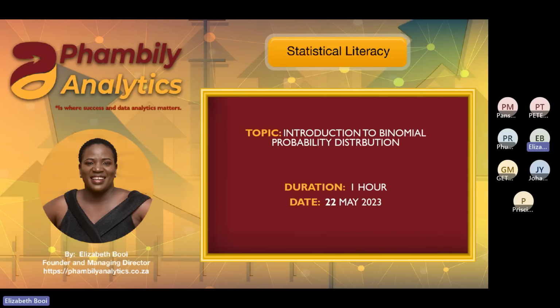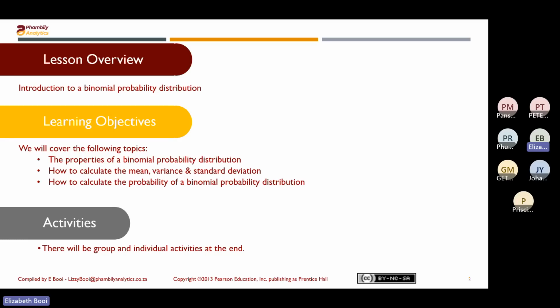COVID was in 2020. So if you can get hold of a past exam paper from 2019 or earlier, you will find the statistical tables in there. So yeah, let's get on to it.